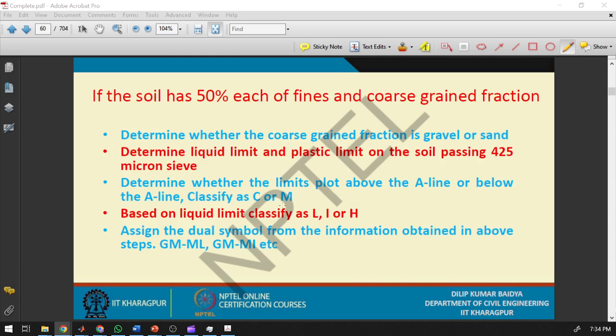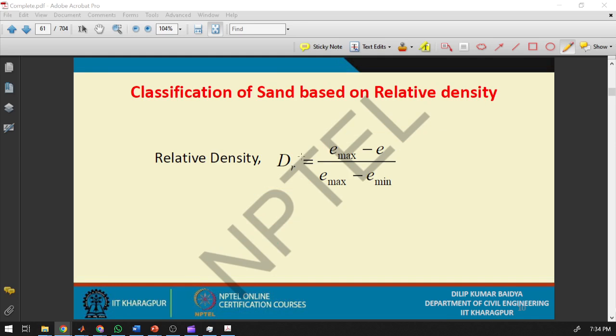That is about it, and we also have a classification system for sands. We talk about the relative density. This is a very important property in sands. This is not something we calculate for clays.